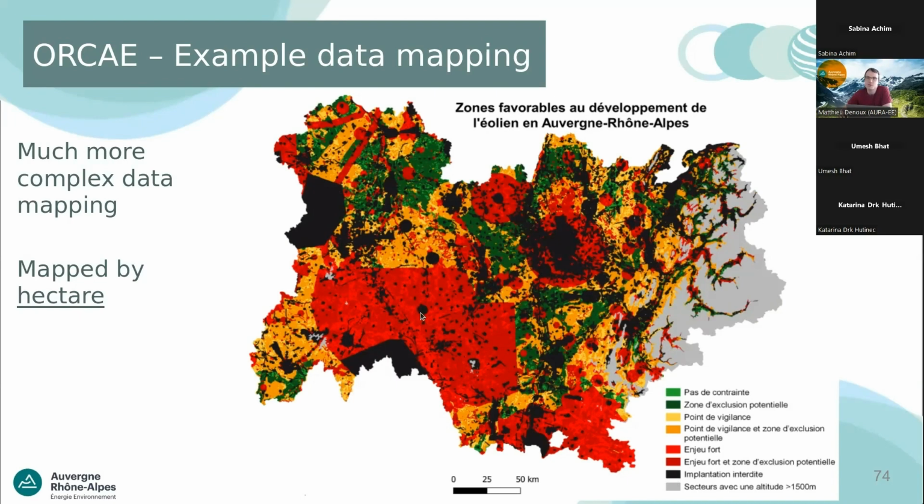So we removed any areas that are linked to airport, to military zones, to any kind of constraint that are in the law and that constrain the wind potential. And then we added some rules about like the cities proximity and the, I don't know, natural parks, etc.